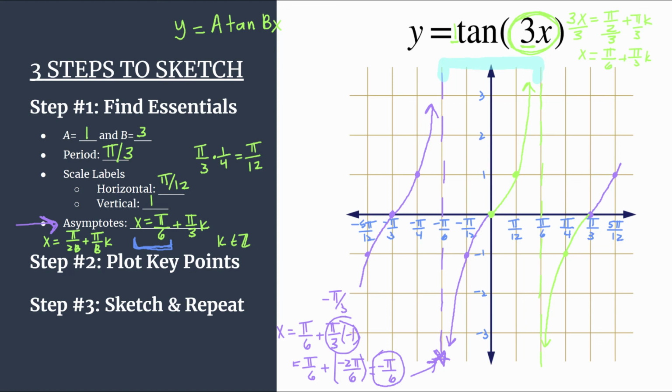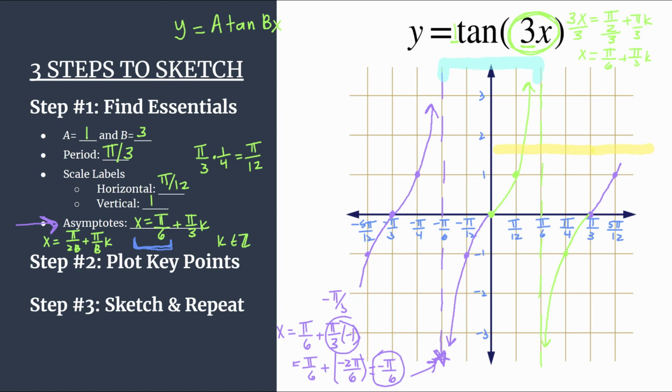And then the final thing I would say is go back to B, and we know B is 3. So of course we did not graph more positive cycles except for just a little bit past pi over 3. But hopefully you can see if we were to keep going, we have our first cycle that happened here at pi over 3. So you can imagine another one would happen in another pi over 3.